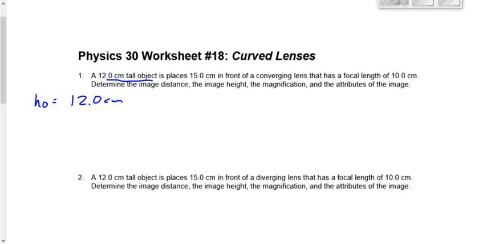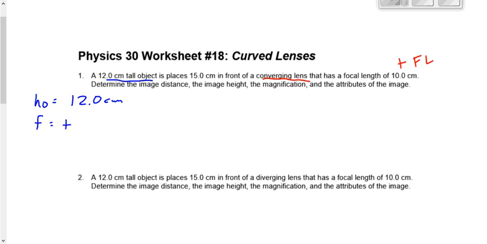Now, it's in front of a converging lens that has a focal length of 10 centimeters. A converging lens means that we have a positive focal length, because a converging lens causes rays to actually converge at the focal point, which means it's a real focal point, which means it's a positive value. So I'm going to write down F here as positive 10.0.